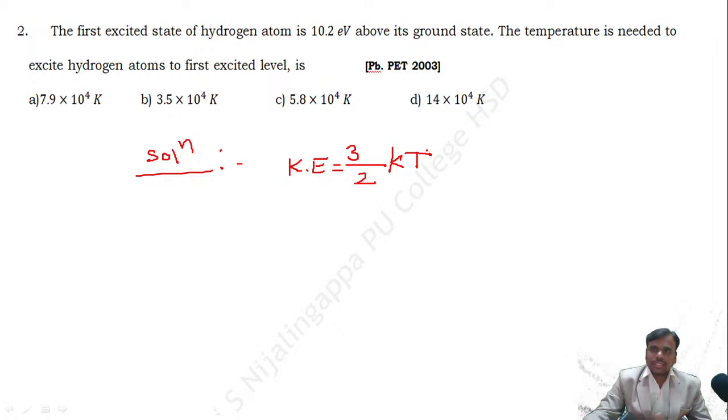By knowing these values, we can easily simplify the temperature. How much temperature is needed to excite the electron to its first excited state? Therefore, here we have to calculate the temperature. Temperature is equal to 2 into kinetic energy, whole divided by 3k.